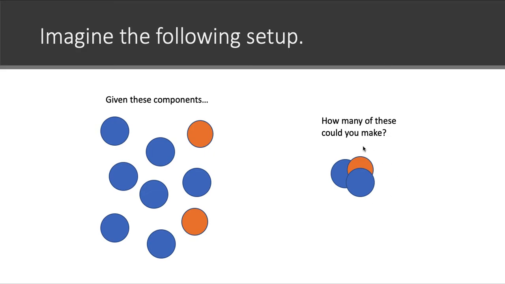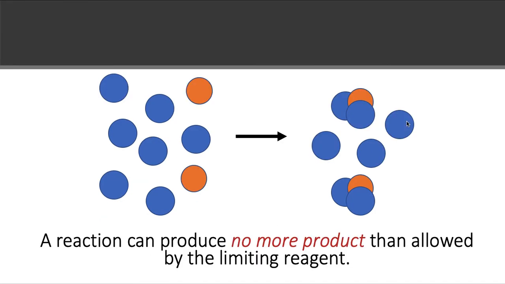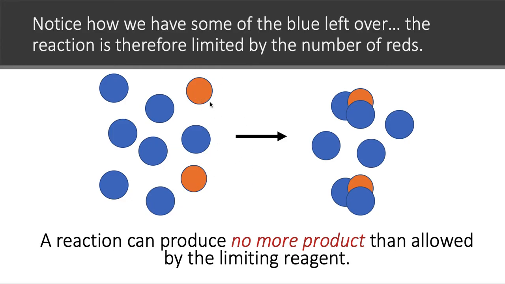How many of this configuration could I make given these components? Well, I can only make 2 of those because I only have 2 orange balls. I am limited by how many of these I have.